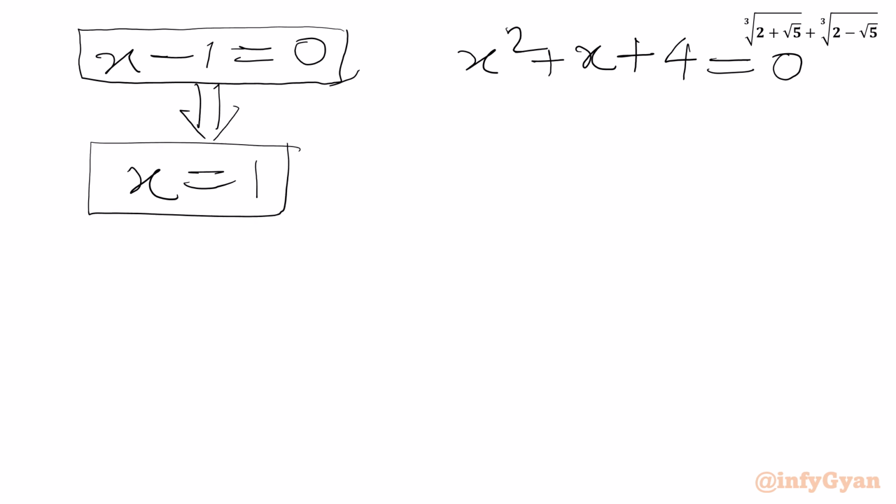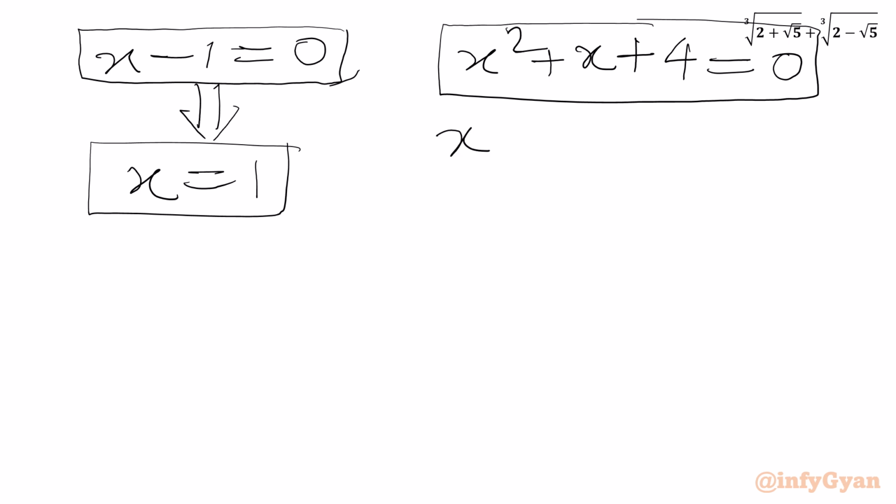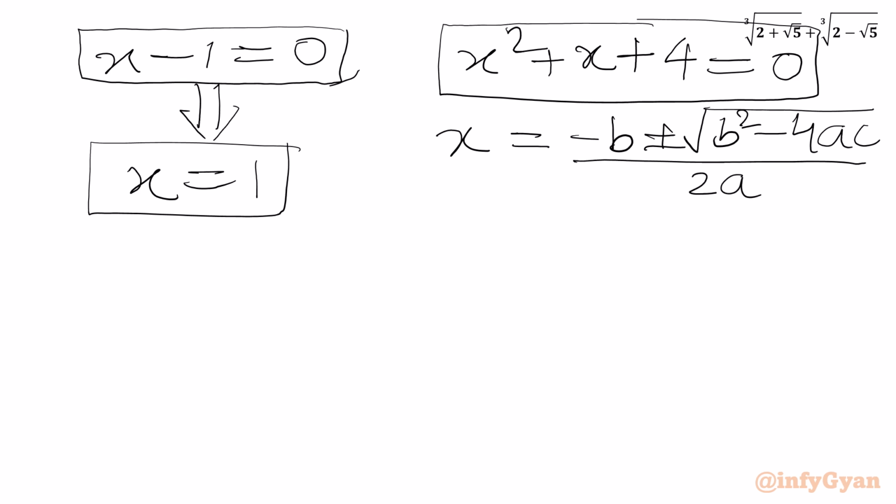Now we have to check our quadratic equation also. So I will use quadratic formula. x equal to minus b plus minus square root of b square minus 4ac over 2 times a. Here a is coefficient of x square, which is 1. b is coefficient of x, again 1. c is constant, 4 here.